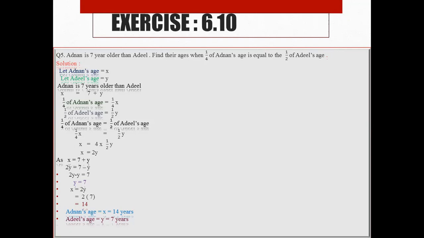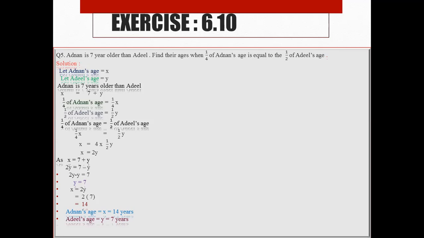So when we write the equation, we write Adnan's age as 7 added to the age of Adil. The equation will become x is equal to 7 plus y, because Adnan is 7 years older than Adil. That's why we add 7 to the age of Adil.